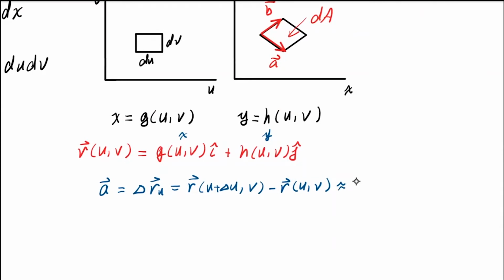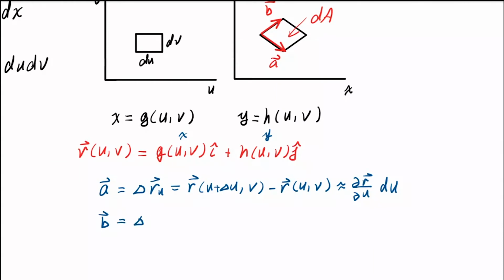Is it approximately equal to partial derivative of r with respect to u, then du? Right, because if you divide this thing by du and take a limit, that's exactly what the partial derivative was, wasn't it? You remember this definition, right? Okay, we only need to get over 1, because the other one is almost the same thing.